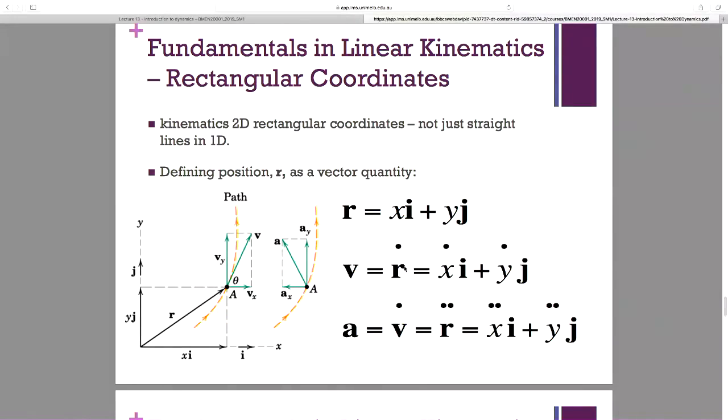So what you're seeing here are vector notation relationships between position, velocity, and acceleration.